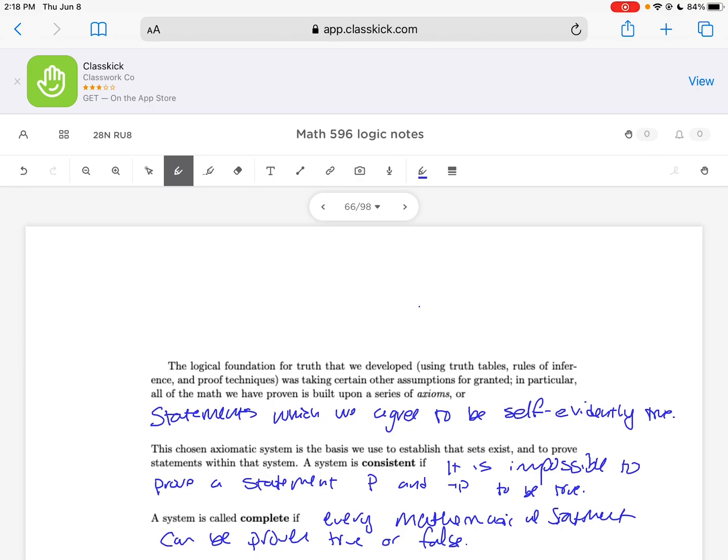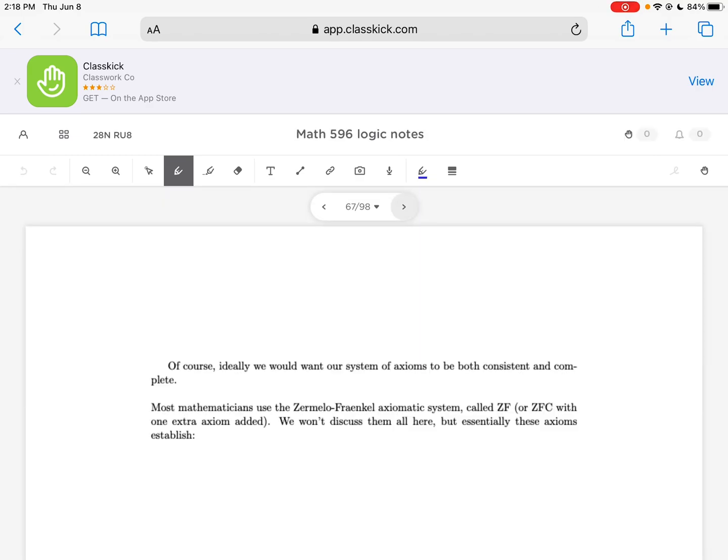Now, we would hope that any axiomatic system that we use would be both consistent and complete. In fact, that's what mathematicians were looking for, or even assuming that we already had, for a very long time. Most mathematicians follow the Zermelo-Fraenkel axiomatic system. It's usually called ZF.